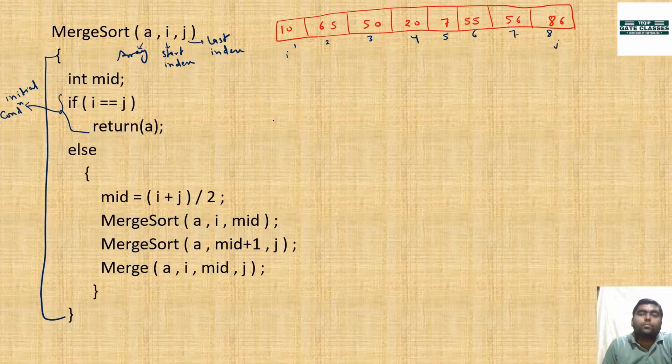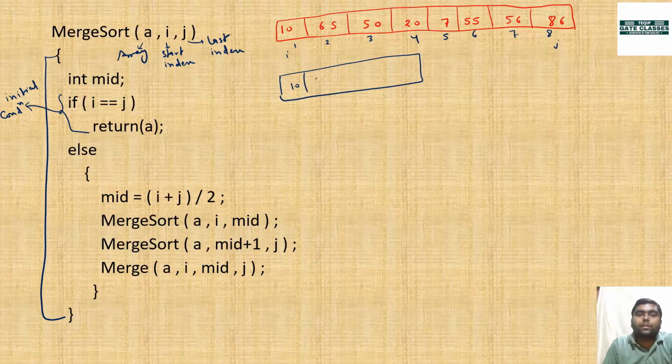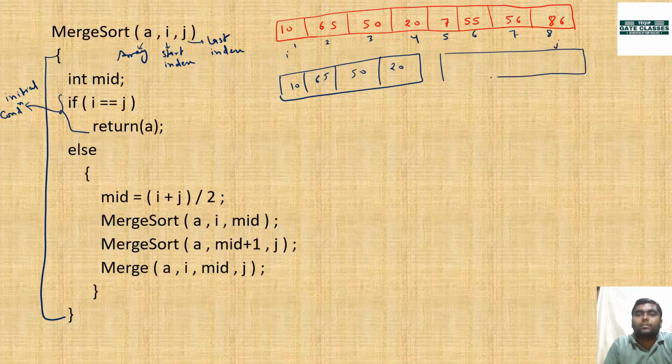Floor means the minimum value. So it will be divided at 4, into two parts finally. The division will be like this. Here are two parts, 10, 65, 50, 20, and further this part also divides like this: 7, 55, 56 and 86.